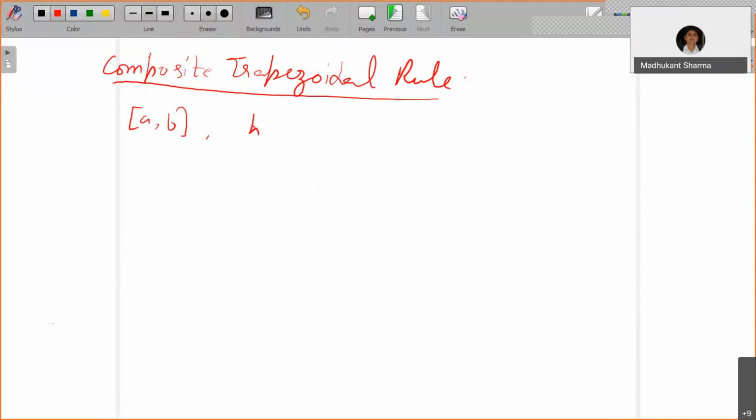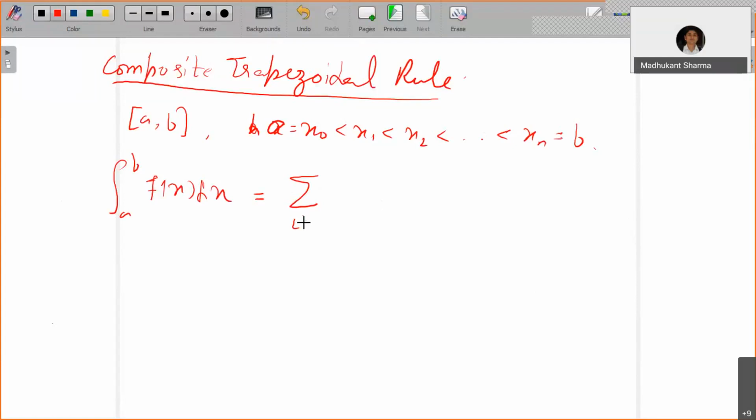Let's say a equals x naught less than x1 less than x2 and so on less than xn equals b. Now you can write the integration from a to b of f of x dx as the summation i equals 1 to n of the integration from xi minus 1 to xi of f of x dx.